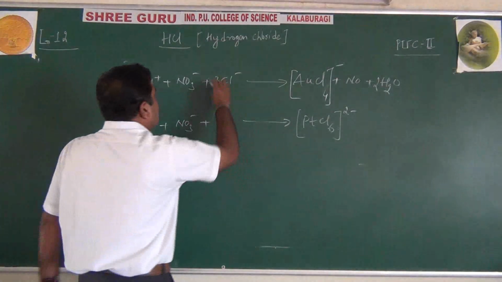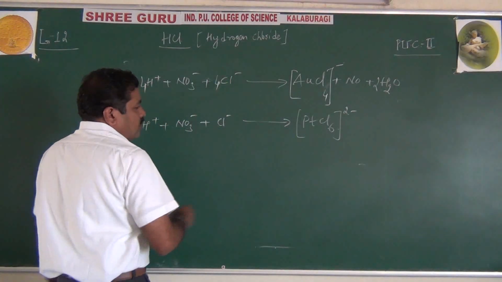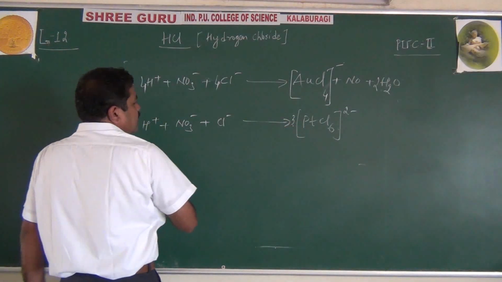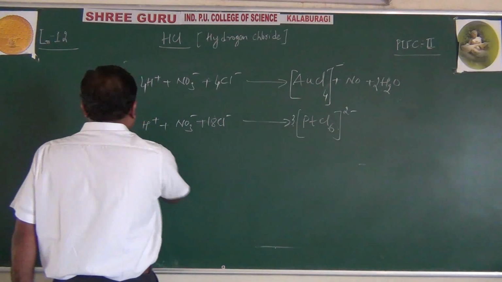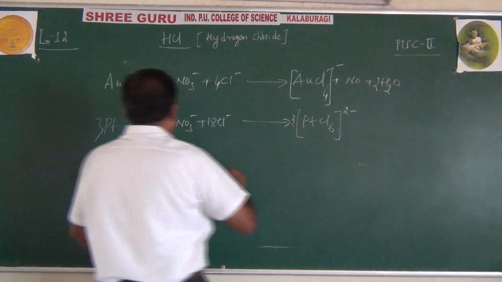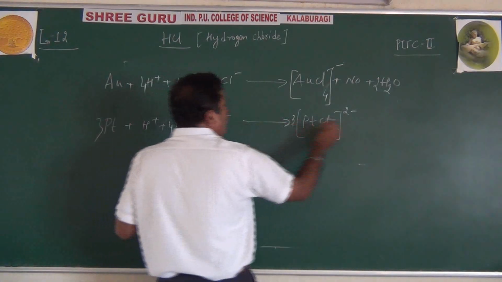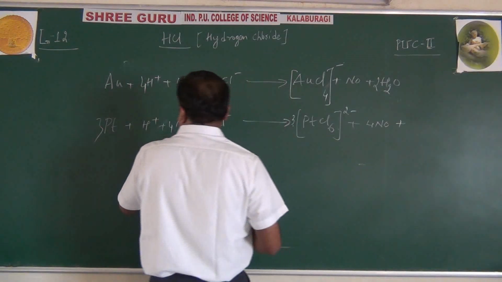And here it is not 3Cl, please, 4Cl. Here you multiply by 3, right? Then it will be 8Cl minus, 3 Pt, 4 NO.